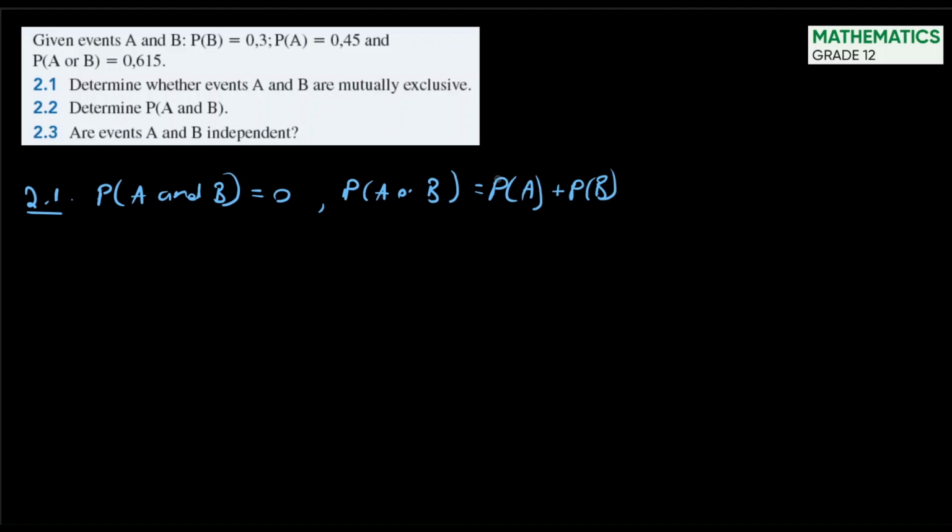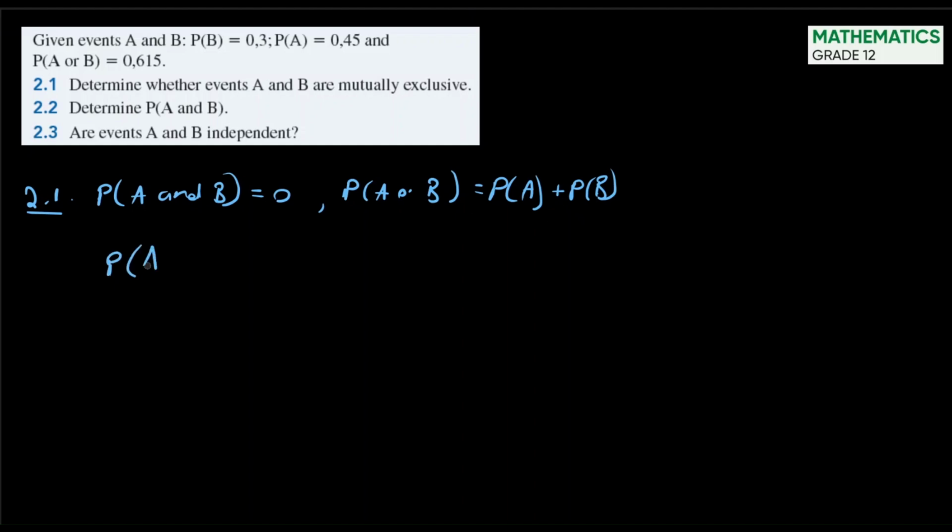With these two conditions, we need to go back and try to answer the question based on that. We know that the probability of A or B is given as 0.615. Let's calculate what the probability of A or B would be if they were mutually exclusive.